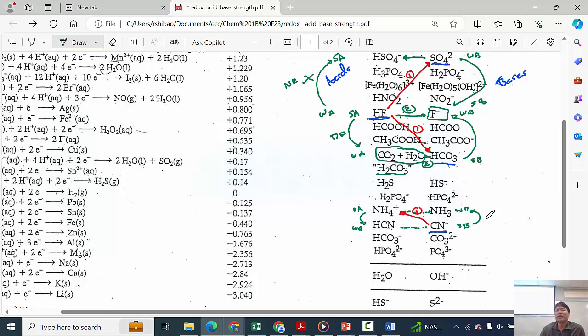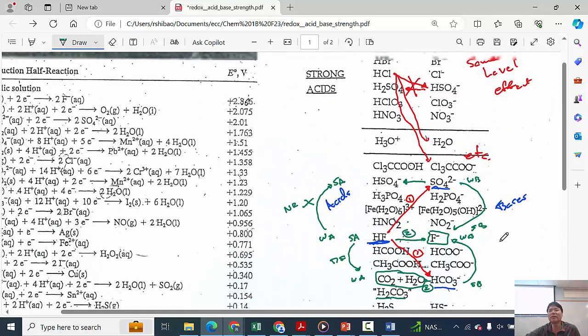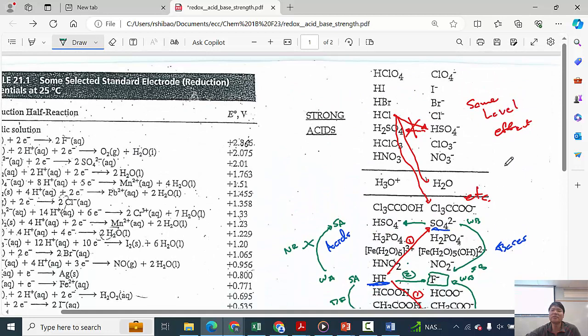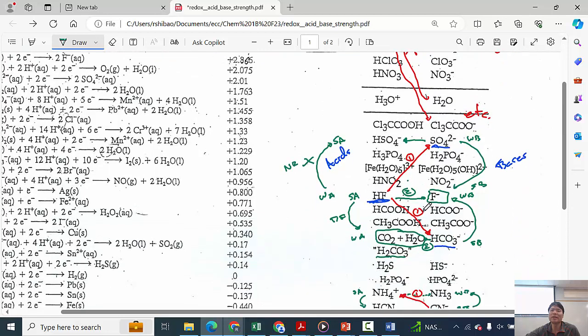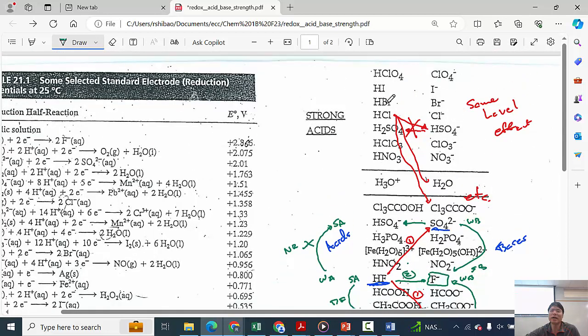This is the quickest way of doing this here, but it's complicated because of the level effect, the same level effect here. It means that it doesn't work in this case. There's no reaction, no driving force. All the acids are the same level here, so we're not going downhill. Does that make sense?